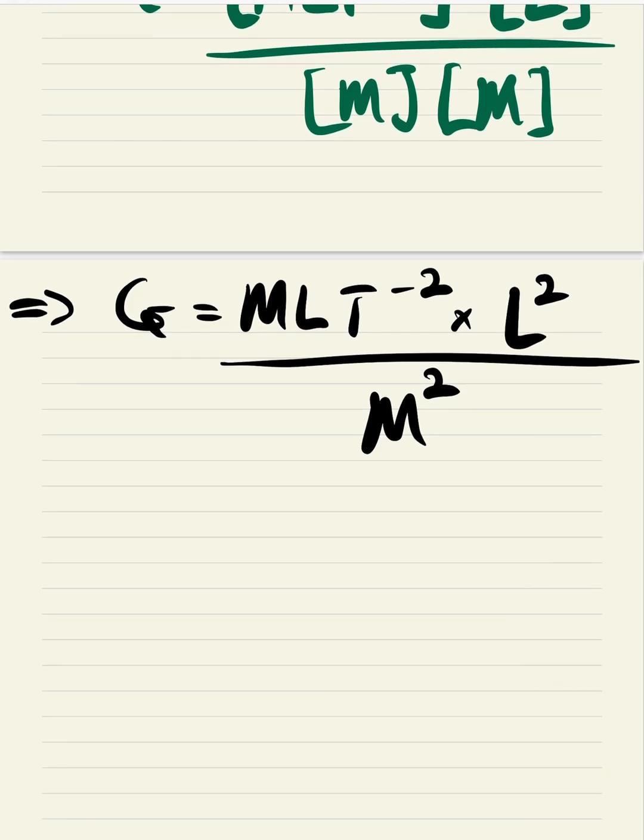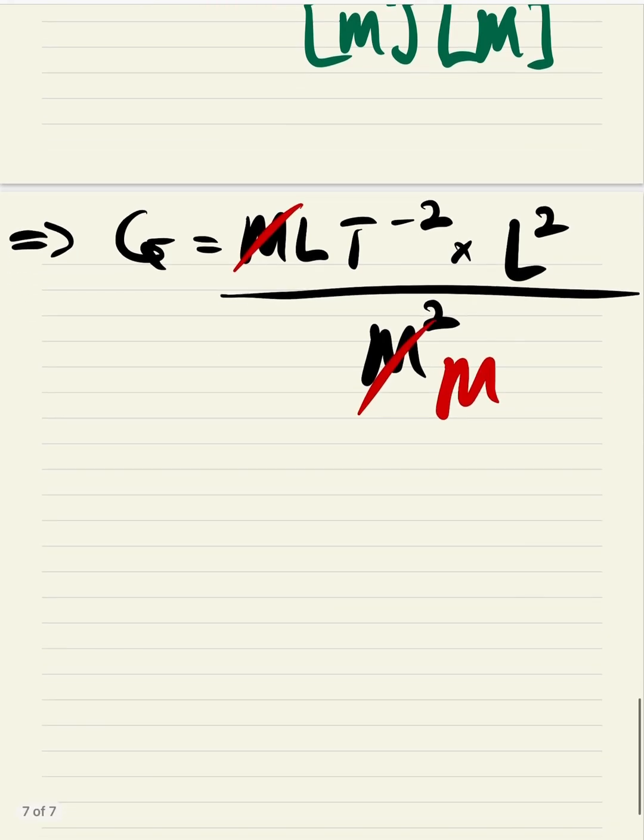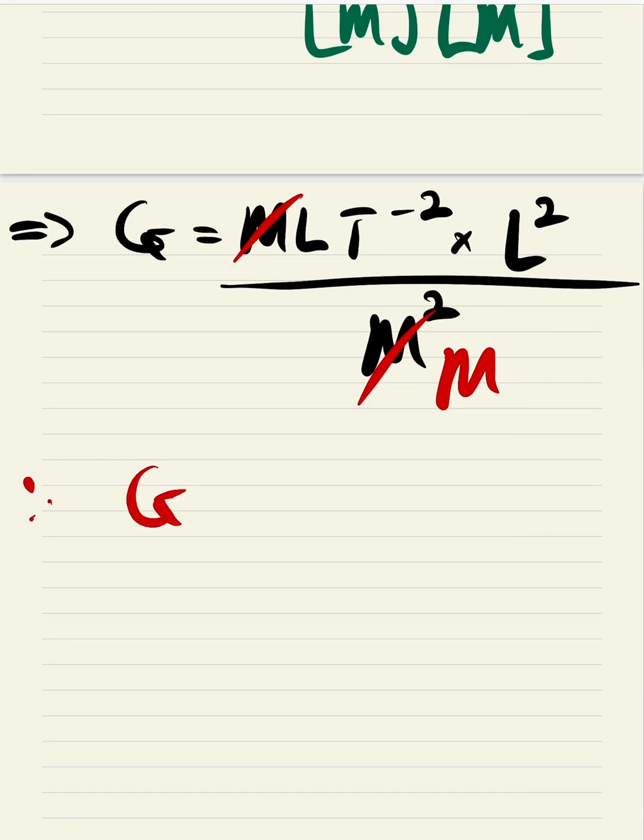So we can do some elimination from there and eliminate whatever we are seeing at the top and at the bottom, right? We are still going to be left with one M. So the G, in terms of M, L, T, right? We have L here, L squared and L, both can come together to give us L raised to power 3.